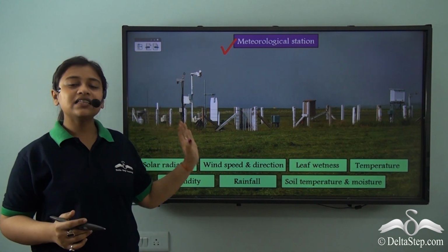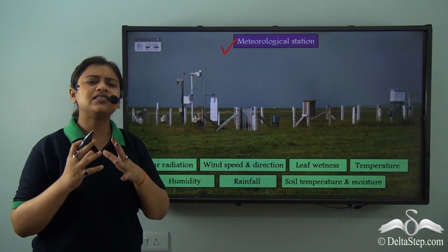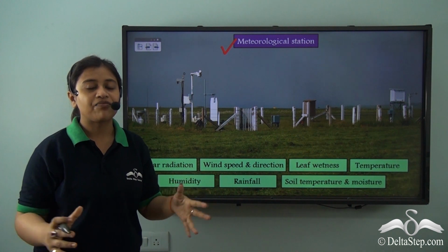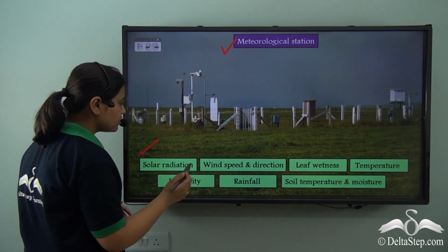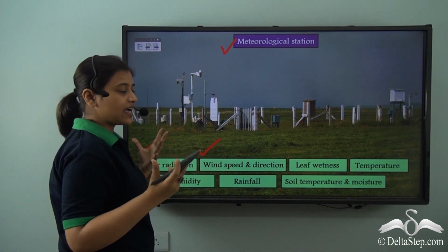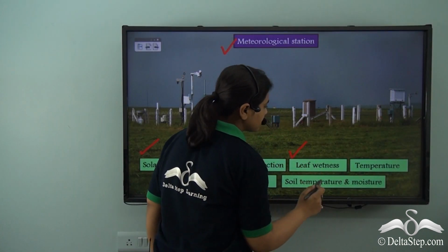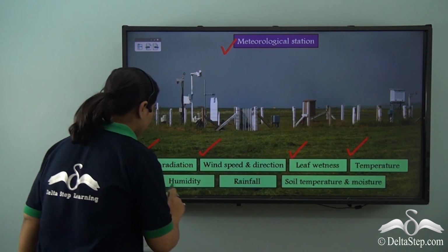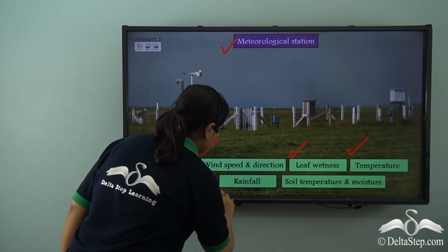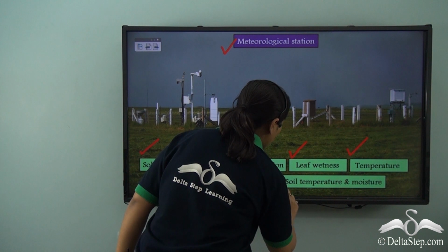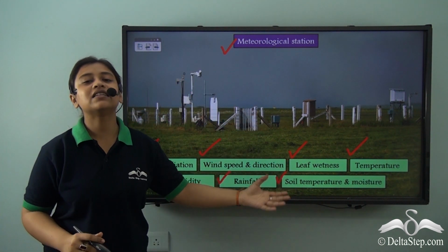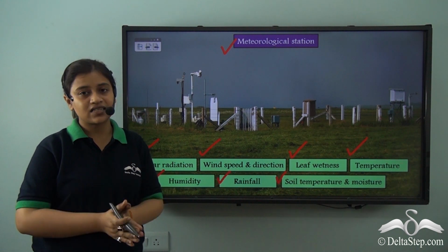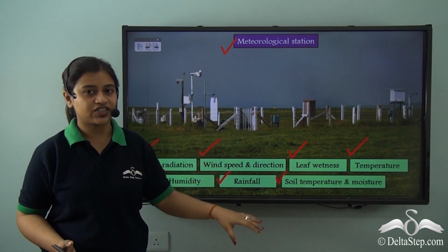So in these meteorological stations, there are different types of sensors that help in reading or recording the solar radiation, wind speed and direction, leaf wetness, temperature, humidity, rainfall, soil temperature and moisture. So many things are recorded and studied in a meteorological station.